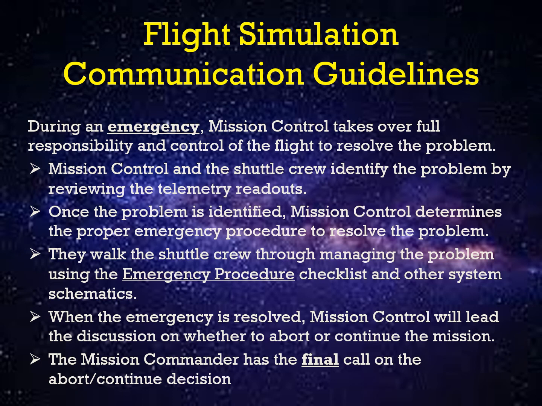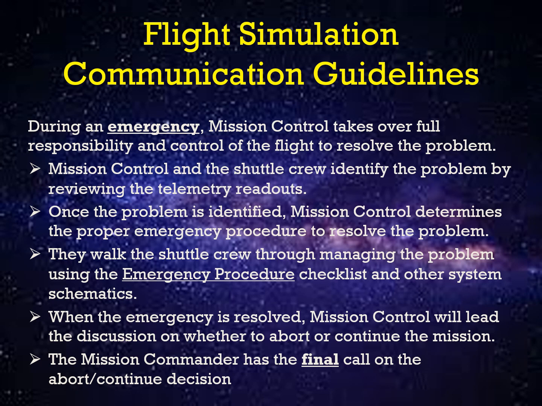Flight engineer checklist, remember it is done with a two-step confirmation. Flight engineer reads the item to be done. The flight officer responsible for that system sets the switches one at a time. The other flight officer visually verifies and announces check that they have been done. In an emergency, remember Mission Control handles the emergency.